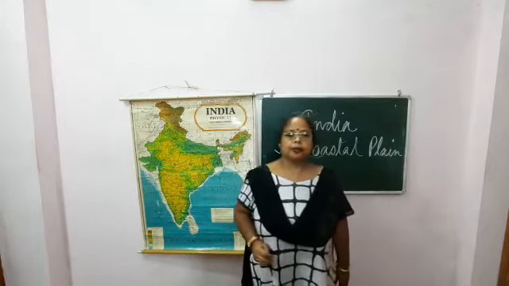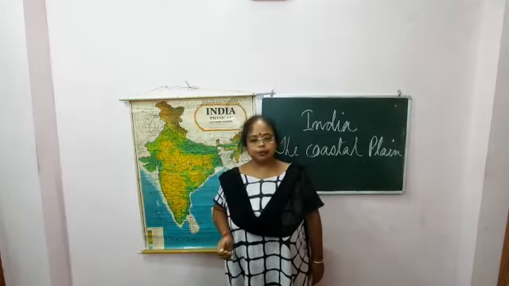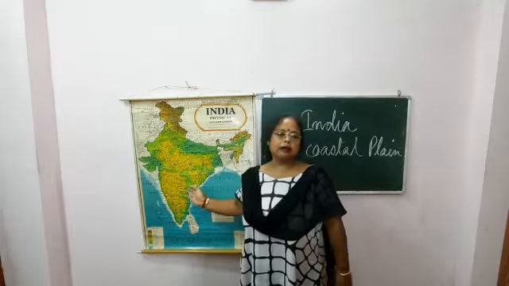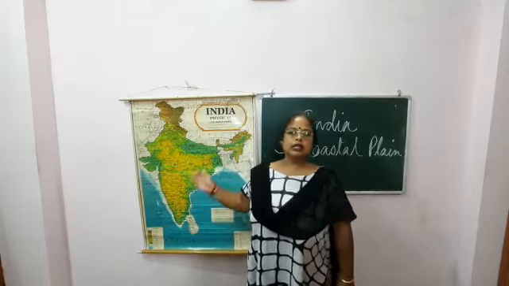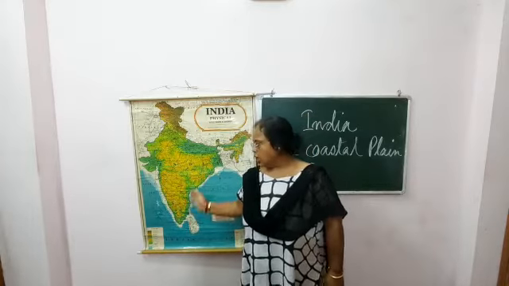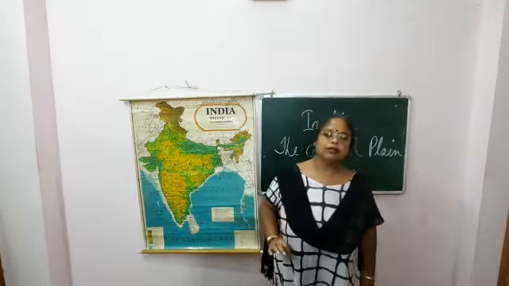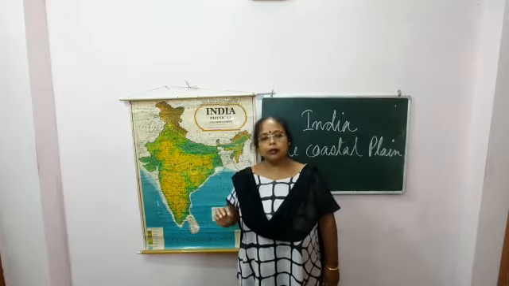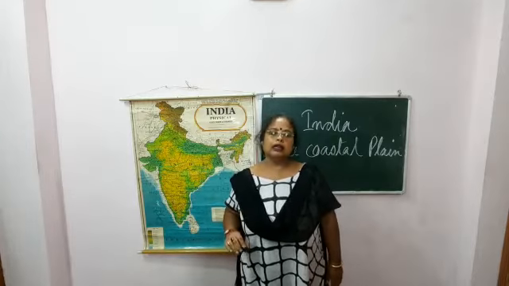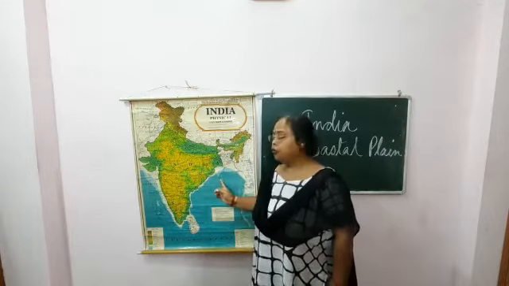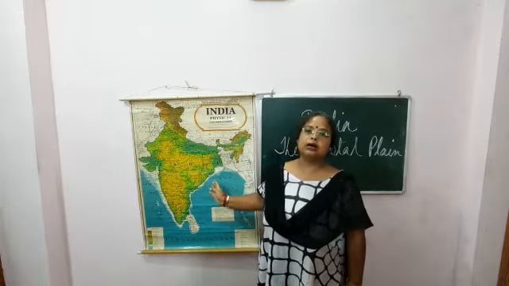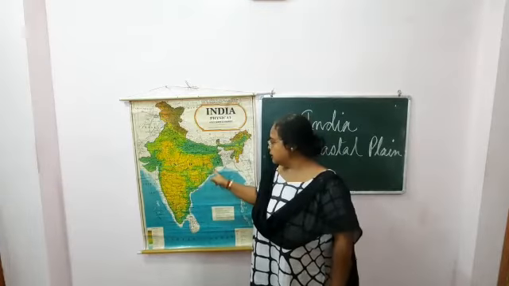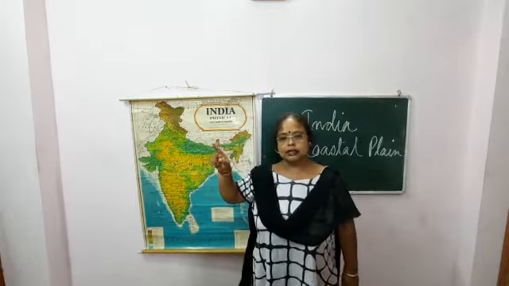Three parts. Next, let's see what rivers flow here. In the eastern coastal plain there are the Mahanadi, Godavari, Krishna and Kaveri. Almost all of these rivers, when they flow into the Bay of Bengal, form deltas. Delta means the Greek letter delta, just like this shape.